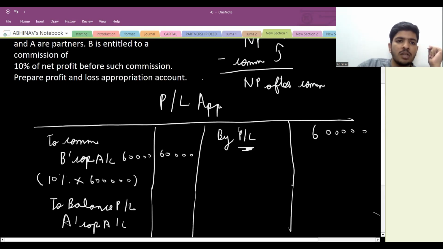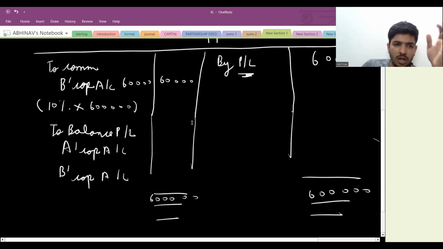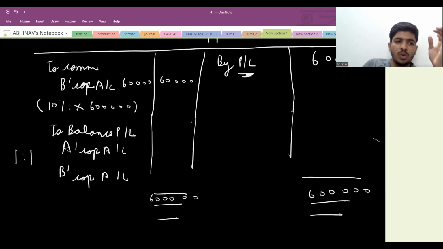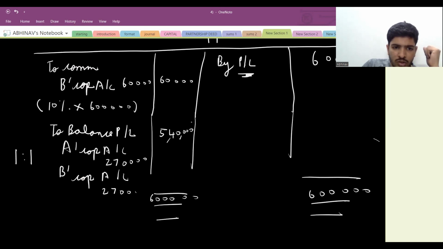And since they didn't mention the profit sharing ratio, we assume it's 1:1. Always assume it's equal if they don't mention the profit sharing ratio. Then 5,40,000 will be remaining here, we're just subtracting 60,000 from 6 lakh. So it's 1:1, it's 2,70,000 and 2,70,000. Done? Now, next question.